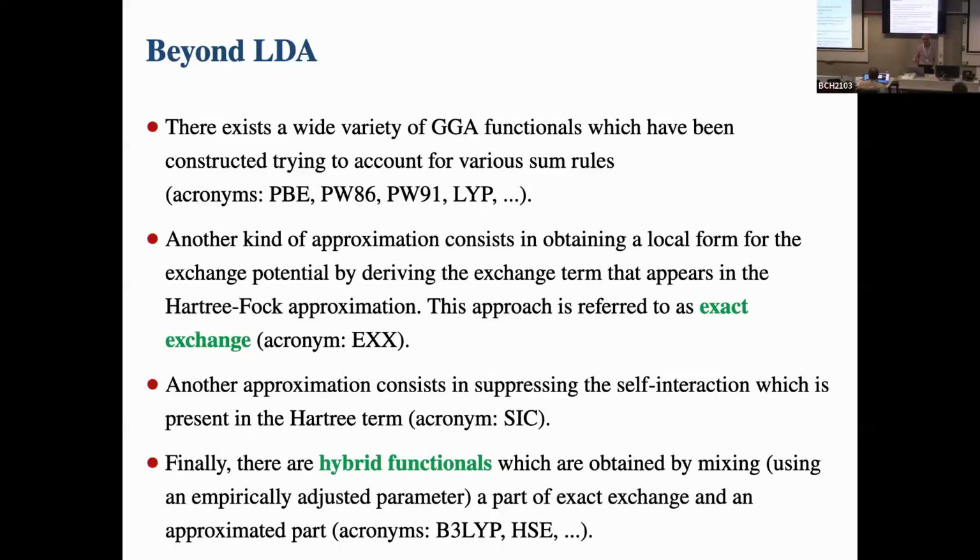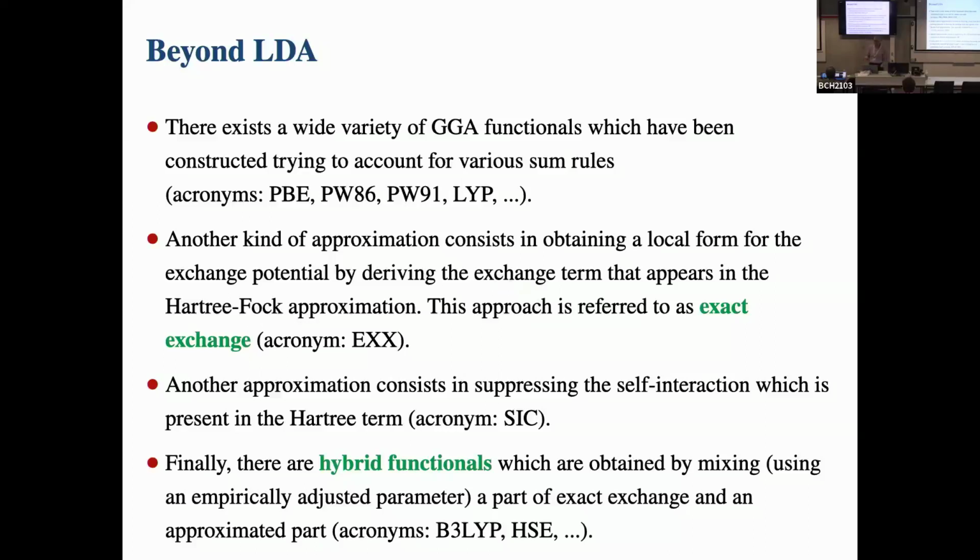There are also methods that, because we were pointing out that there may be problems of self-interaction, are trying to correct that, to remove this self-interaction. And finally, the most popular ones at the moment are the hybrid functionals that include a fraction of this exact exchange and another part, which is one of the normal GGAs.